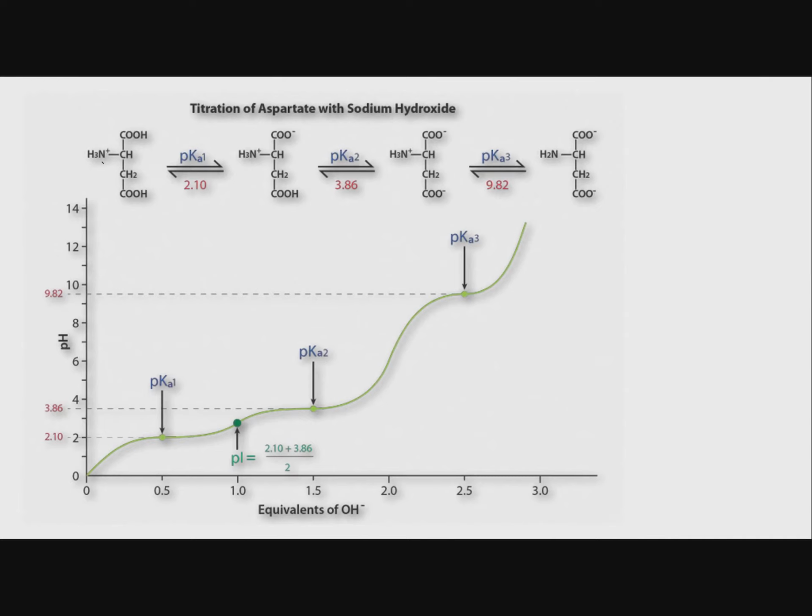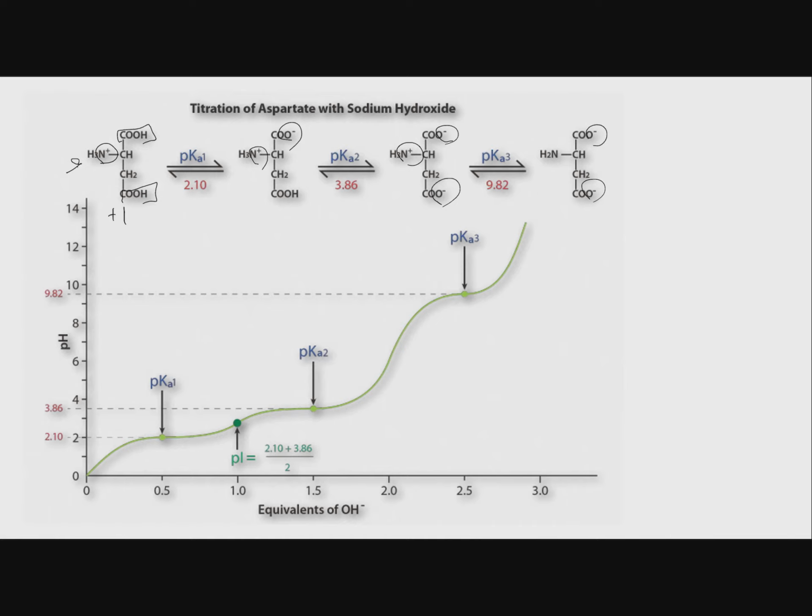Aspartic acid has 4 possible charges. It has a +1 charge at low pH, and so the charges that we're looking at are found up here on the molecule. Okay. So a +1 charge at low pH because the 2 carboxyls are protonated and uncharged, and the amine group is actually protonated and charged.